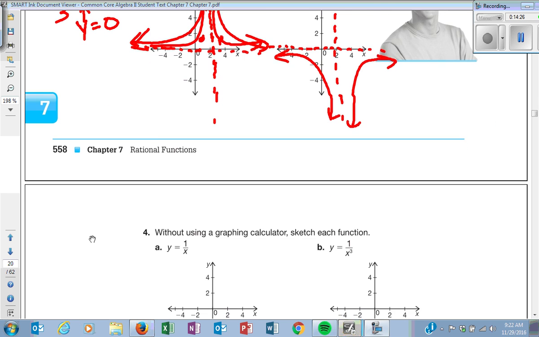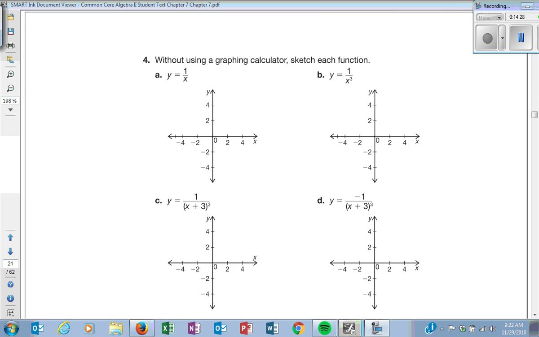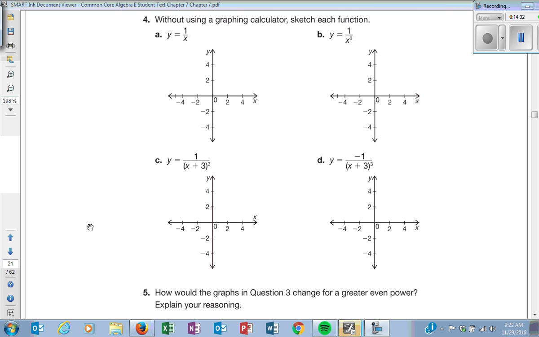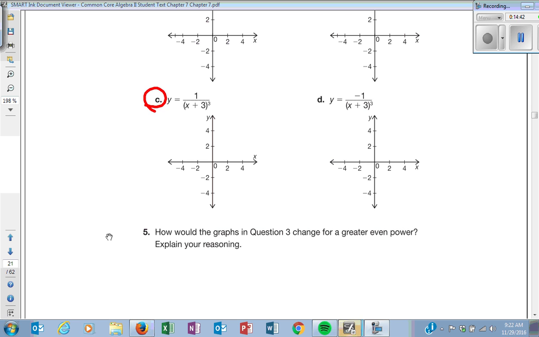That's not perfect, but if I was going to do these, let's go to this one. If I was going to do this guy right here, positive, my asymptote is x equals negative 3.